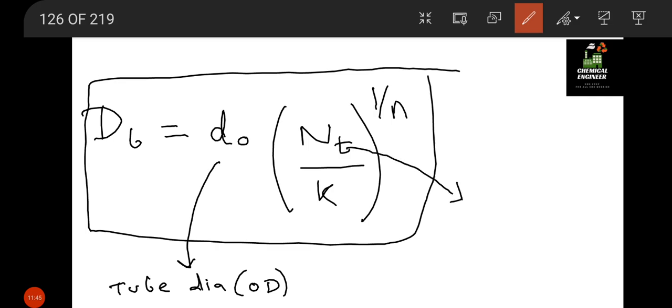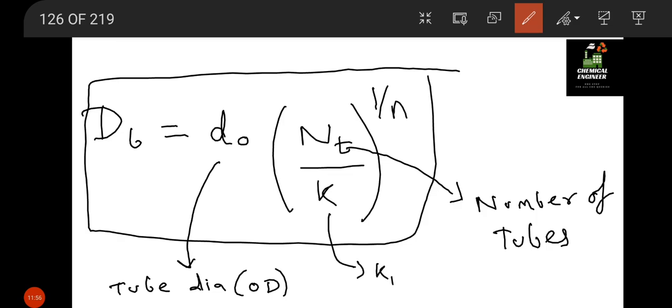Nt is the number of tubes. K and n are both constants. Please note down this equation. From this you will get the bundle diameter of the tube.